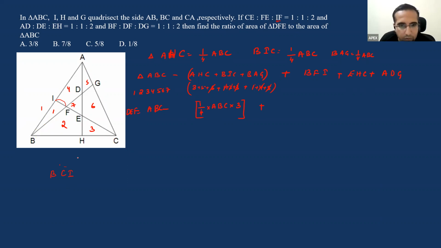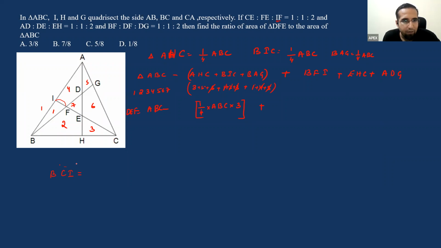We get that, can I say triangle BFI is equal to 1/4 of the triangle BCI? Sorry, this is FI. IF is 2 parts, so 2/4. Now what is BIC? BIC is 1/4 of ABC. Clear? So I can write BFI is equal to 1/2 of 1/4 of ABC. That is equal to 1/8.